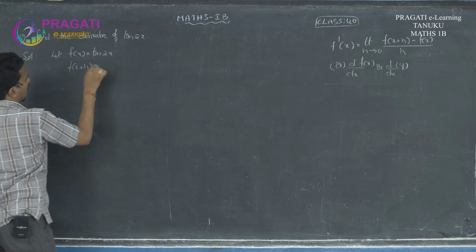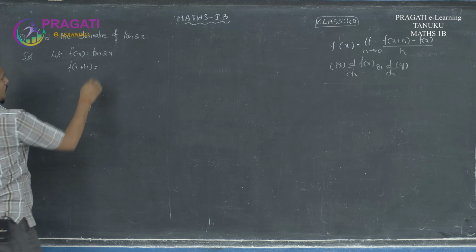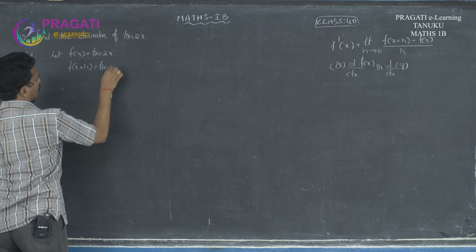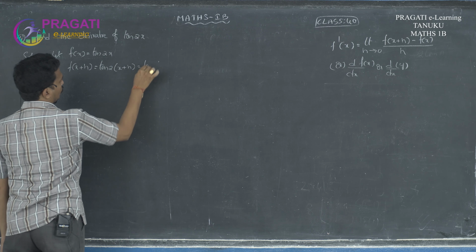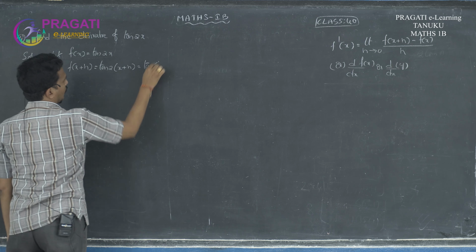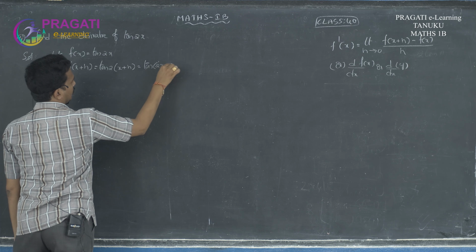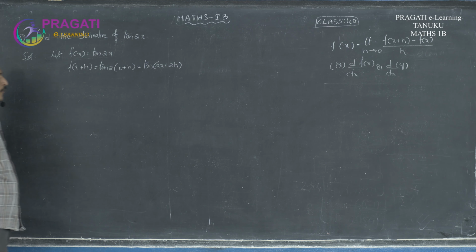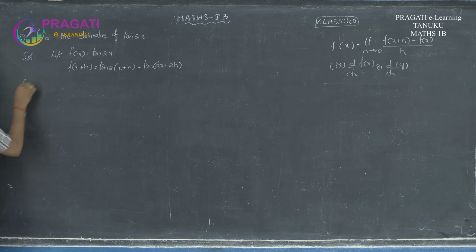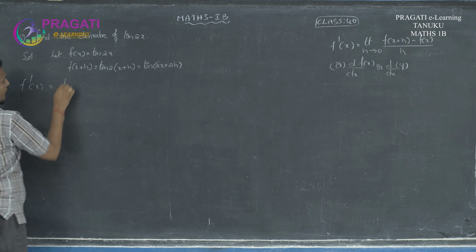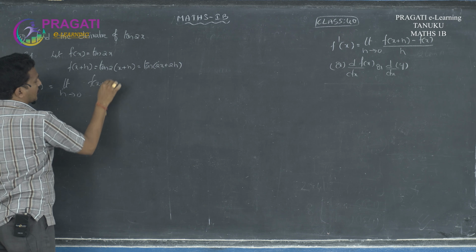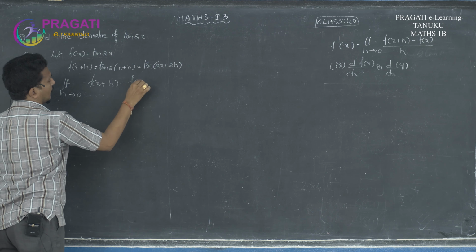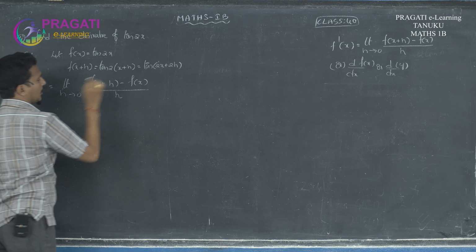That means replace x by x plus h, then tan of 2 into x plus h, that is multiplying with 2, then tan of 2x plus 2h. Here it is completed. Now the formula is f dash of x is equal to limit h tends to 0, f of x plus h minus f of x by h.